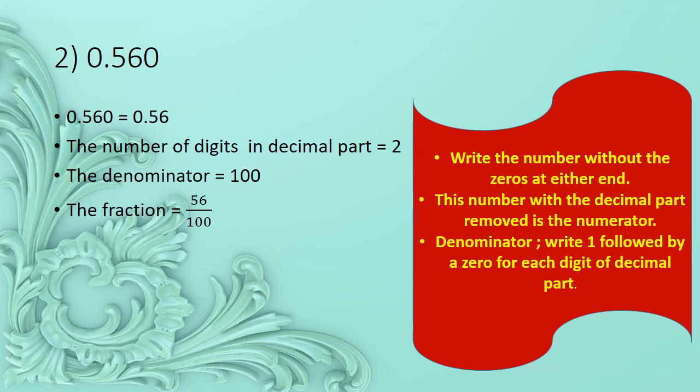So the number in the numerator will be 56, and the denominator will be 100. So the fraction will be 56 upon 100. So this is how we are going to change a decimal into a common fraction.